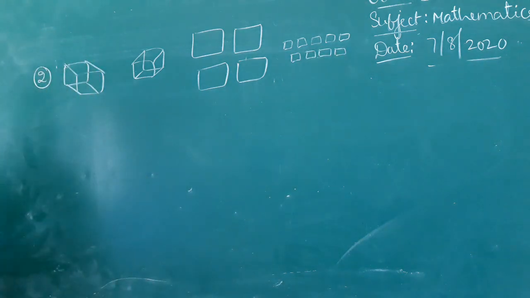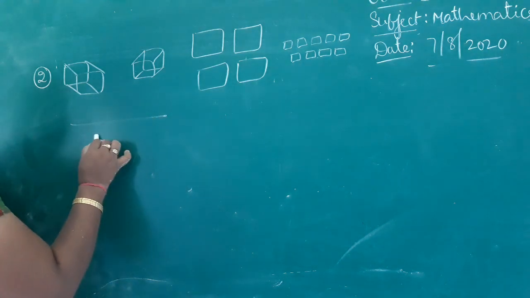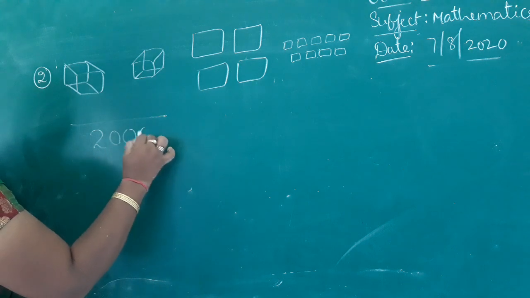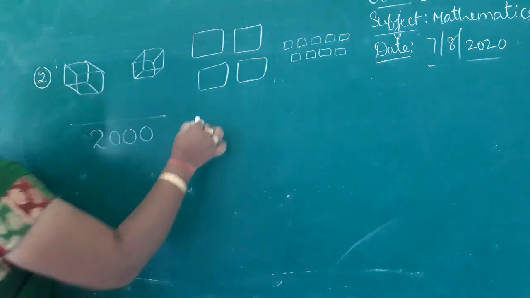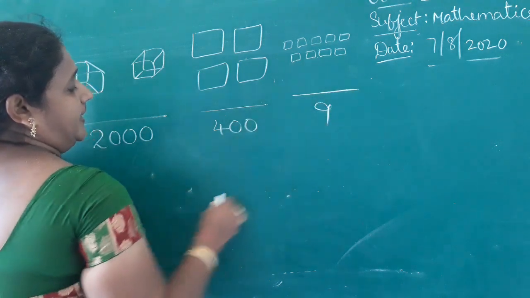Listen, children. See, how many squares were given? 2 squares. 2 squares means 2000s. 2000. 400s, 400. 9 ones, 9.